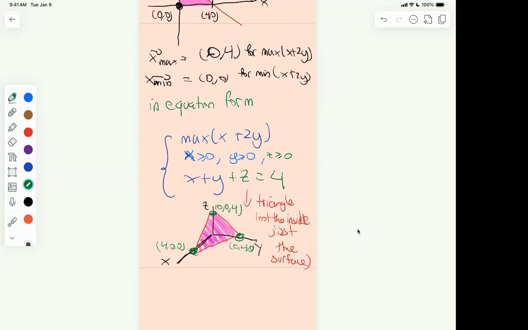It's easier for me to characterize these corners using linear algebra. That's what I'm trying to say. Any questions up to this point so far? Good. Okay, since we're almost done with time, I'll say a few more things.